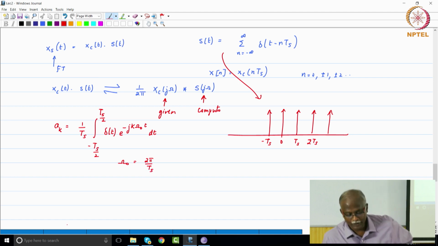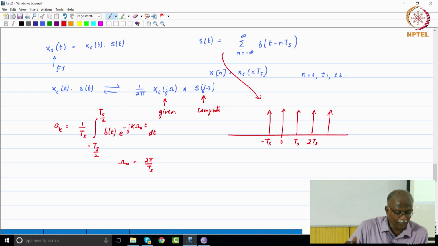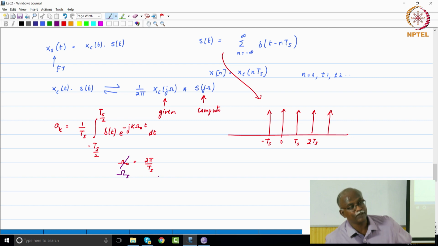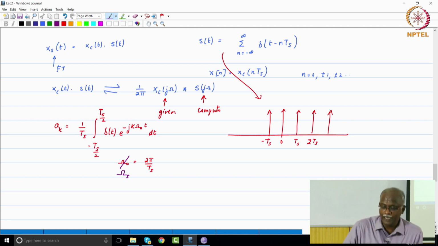That is my fundamental frequency, and k times omega naught becomes... it is actually okay to change it at this point to omega s, because this we have already defined to be the sampling frequency. So my fundamental frequency is actually my sampling frequency, and in the Fourier series computation, all of the Fourier series coefficients come out to be 1 over Ts.